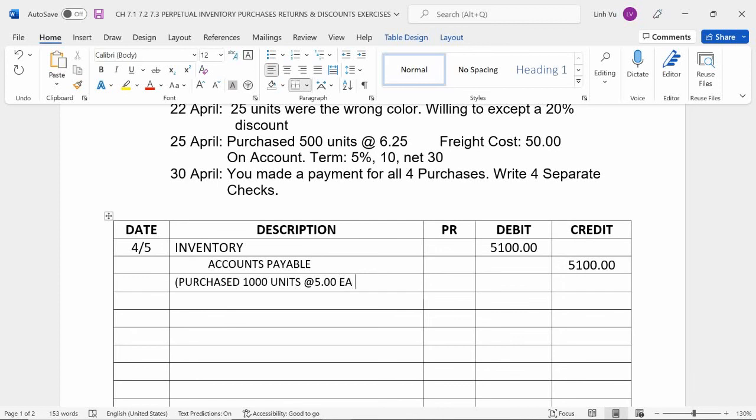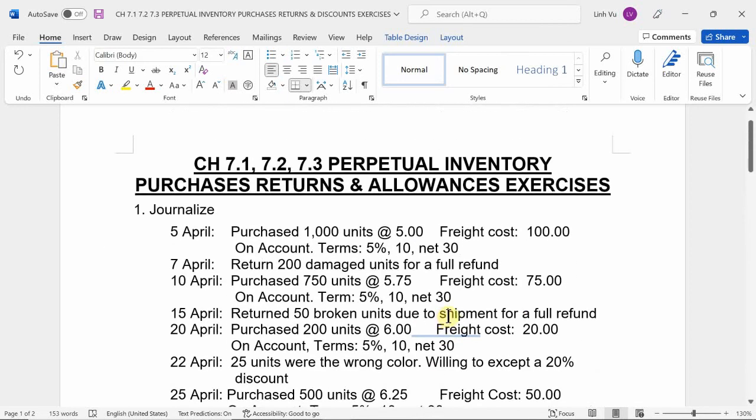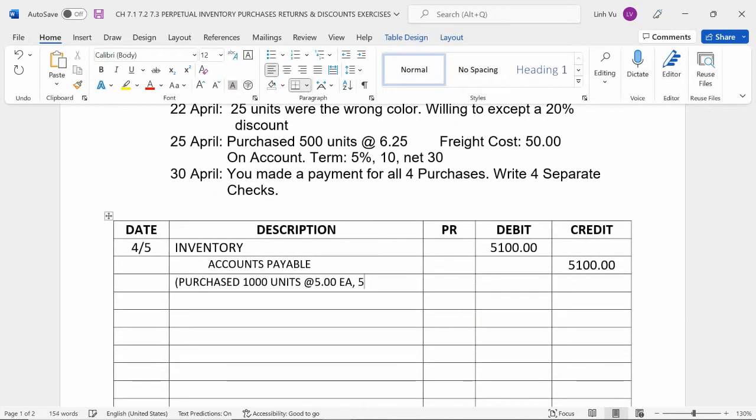And then you can also include the freight. But what I really want to include is the terms that they gave us. They gave me a 5% discount if I paid within 10 days. If not, it's due in 30 days. So 5% if I paid in 10 days. If not, it's due in 30 days.